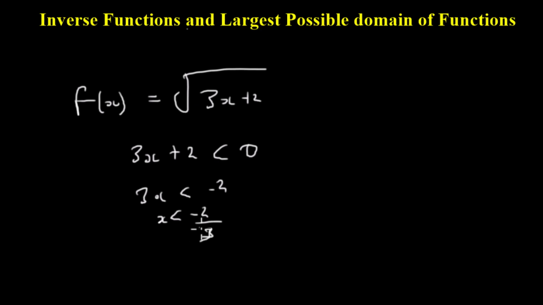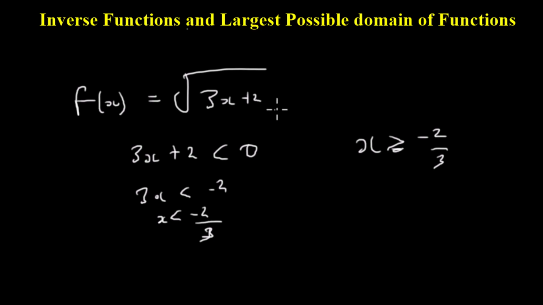So when we have a value that is less than minus 2 over 3, then definitely this function will be undefined. So the largest possible domain will now be that x must be greater than or equal to negative 2 over 3. Otherwise, everything inside here is negative, and then the function would be undefined.